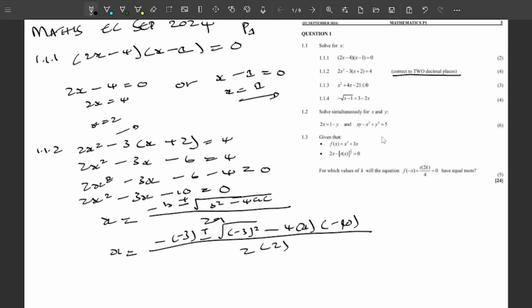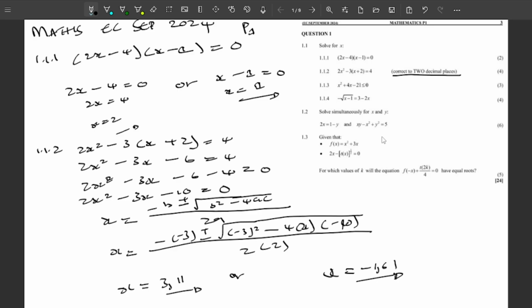Then after simplification, the answers you should get are 3.11 and minus 1.61. So these are the answers you should get. If you don't get these answers, please redo the problem.